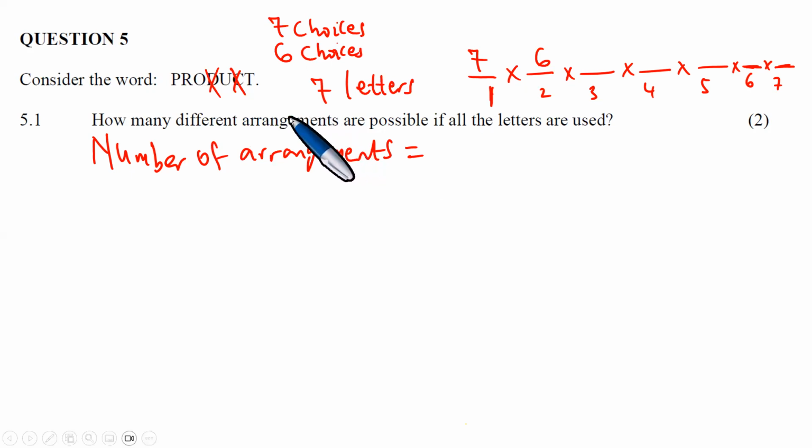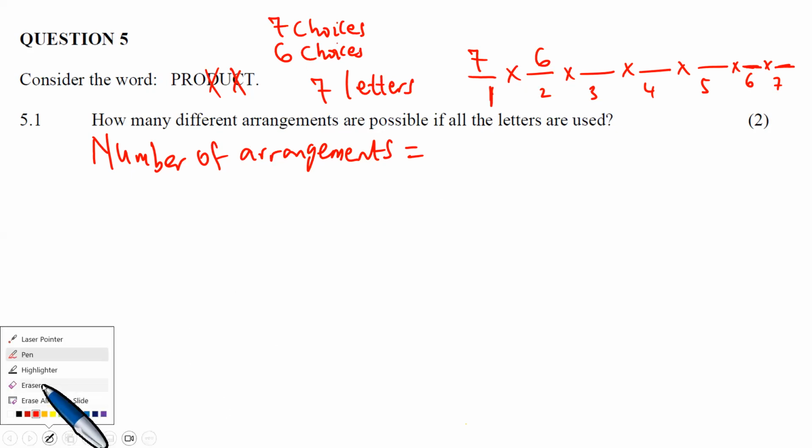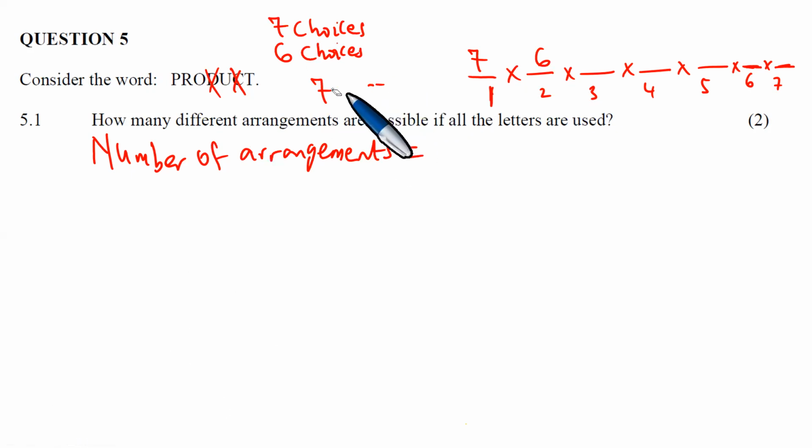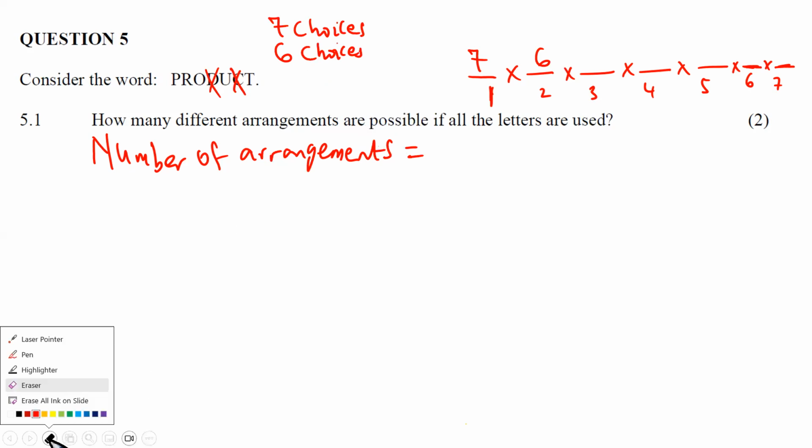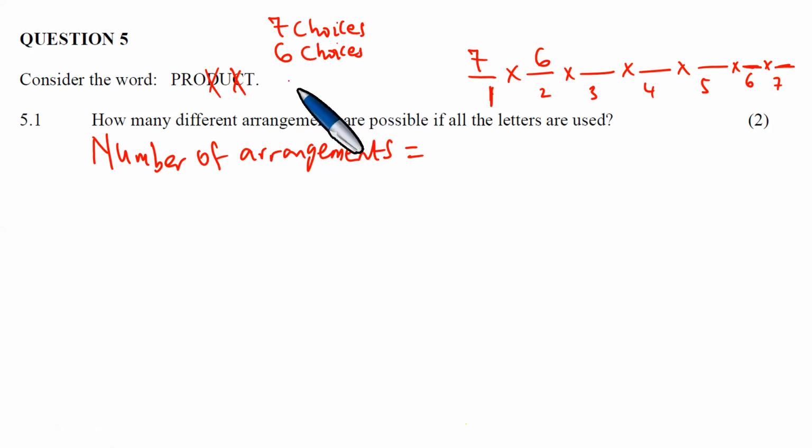So you have 5 choices. You can choose amongst 5 objects.